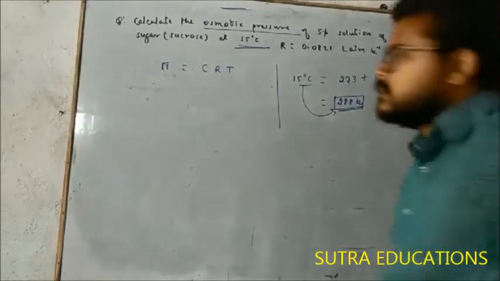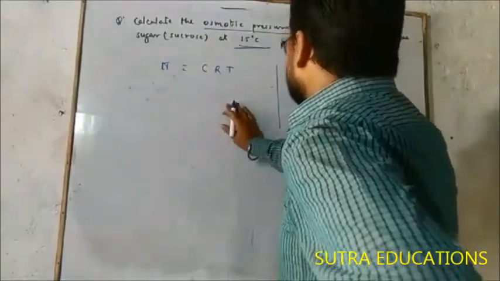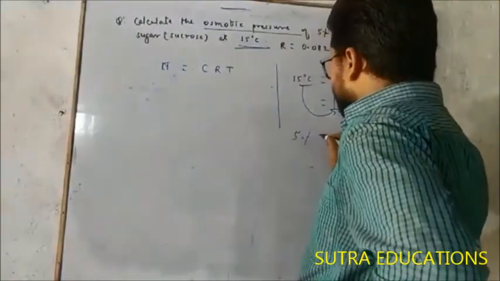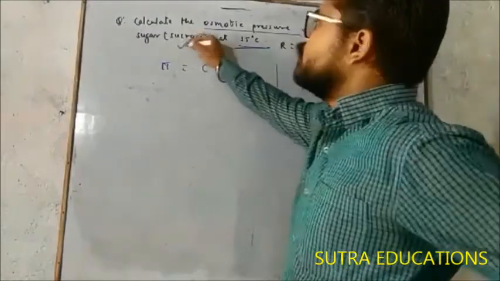Now calculate the osmotic pressure pi of a 5% solution of cane sugar. Cane sugar means sucrose.